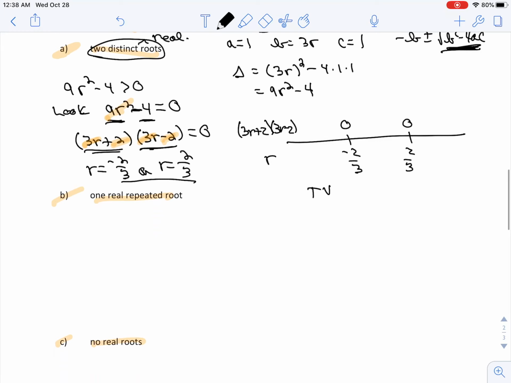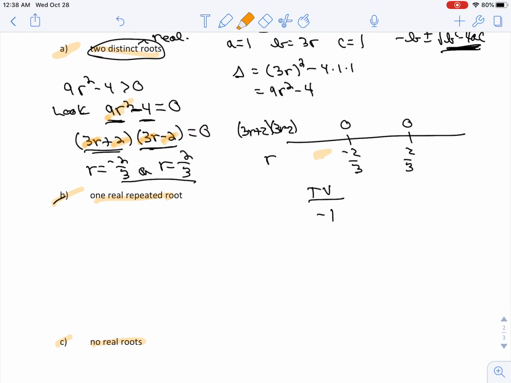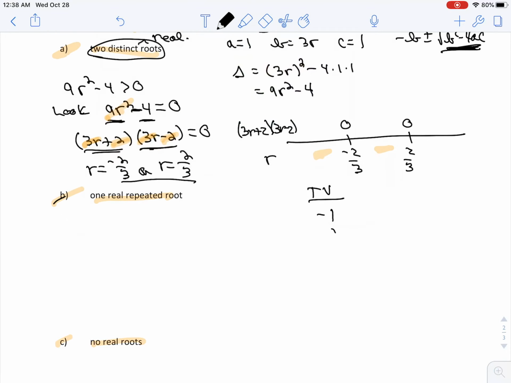I'm going to run into this section, but we don't need much for part B. So test values: in this section right here, I'm going to choose negative 1. In this section right here, I'm going to choose 0. That's always a nice, easy one to check. And then in this section over here, I'm going to choose 1.